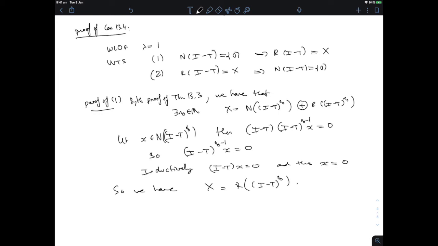Now, what does that give me? That gives me that if I take an x in X, there exists a y in X such that x is (I minus T) to the power n naught of y. And in the meantime, there exists a z in X such that (I minus T) of x is (I minus T) to the n naught of z.